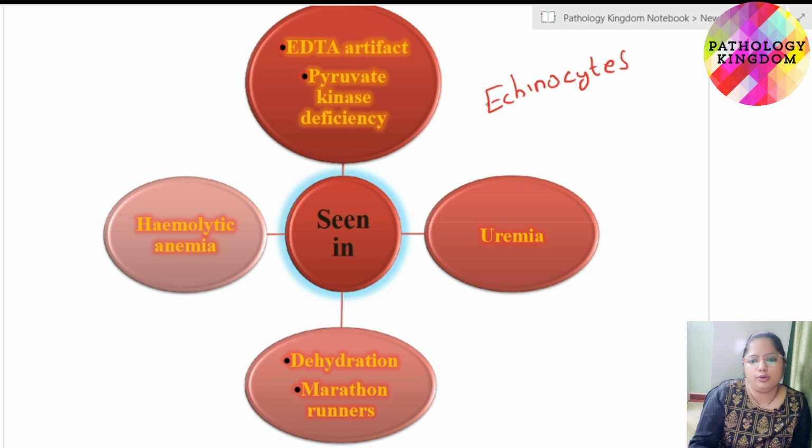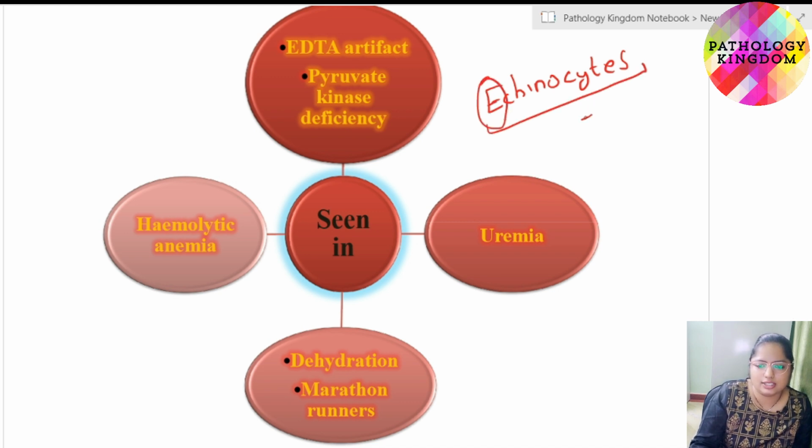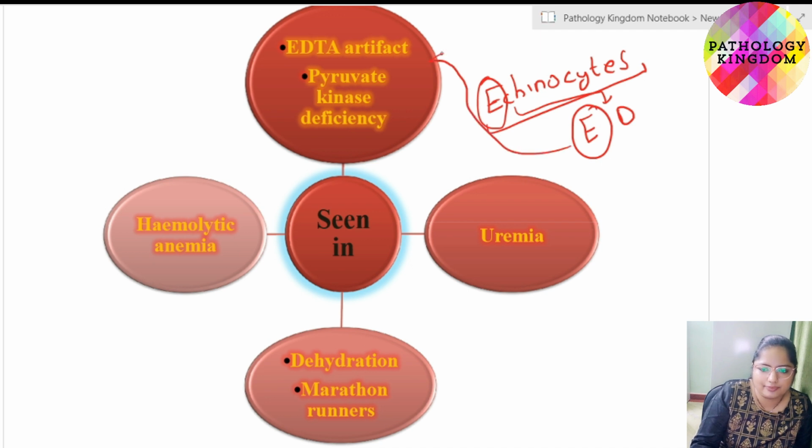Now, how to memorize this? Echinocytes, just E, C, then you will write D. So, this is EDTA artifact. D, dehydration. Then P, pyruvate kinase deficiency. Others are hemolytic anemia and uremia.